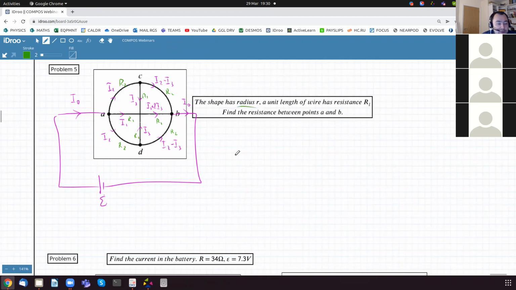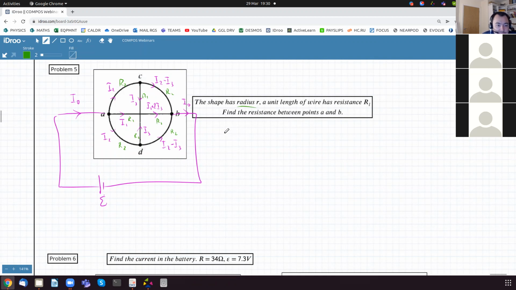Okay, so what can we do here? Yeah, because we eventually need to find I0.